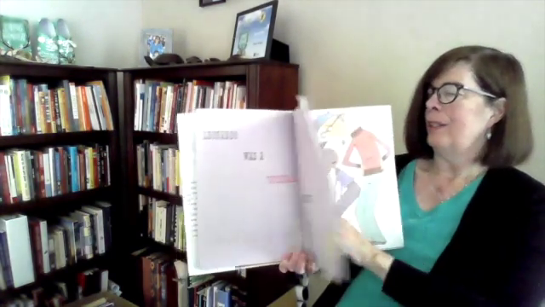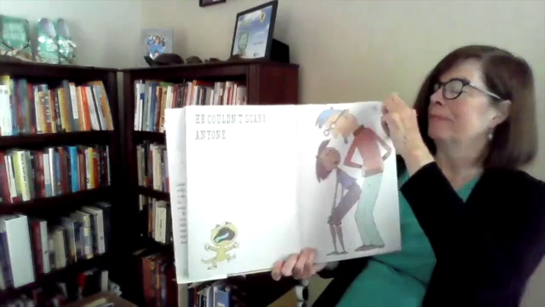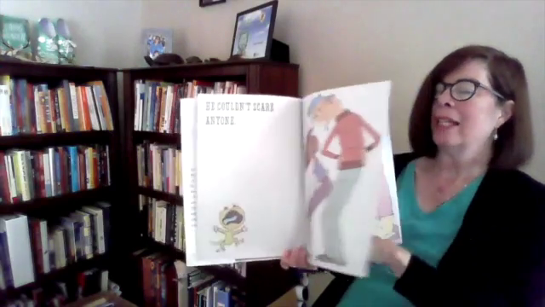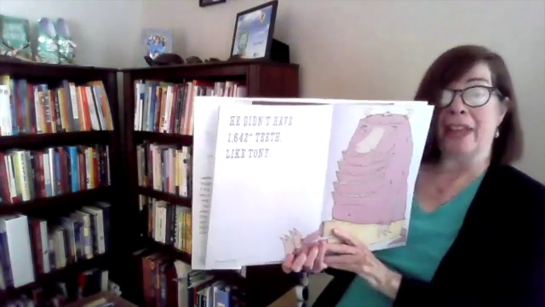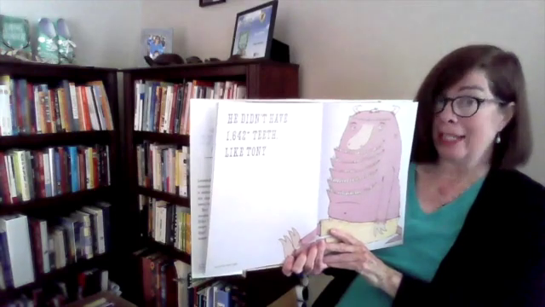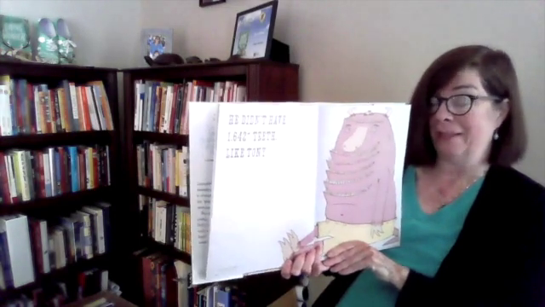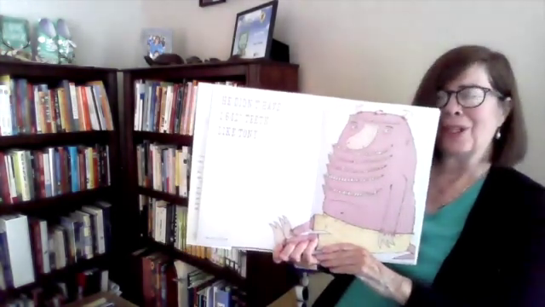So Leonardo was a terrible monster. He couldn't scare anyone. He didn't have 1,642 teeth like Tony. Look at all those teeth.